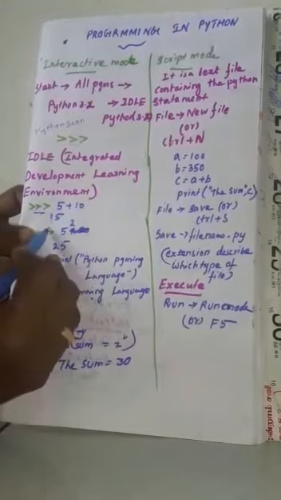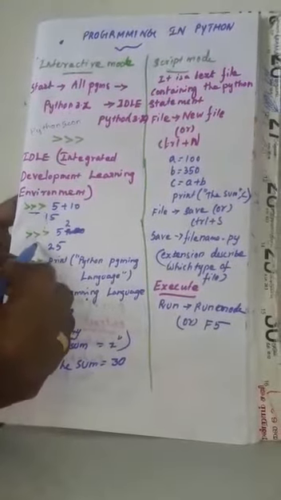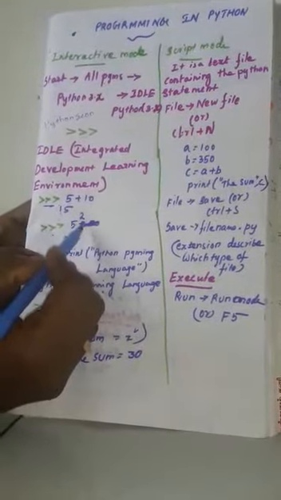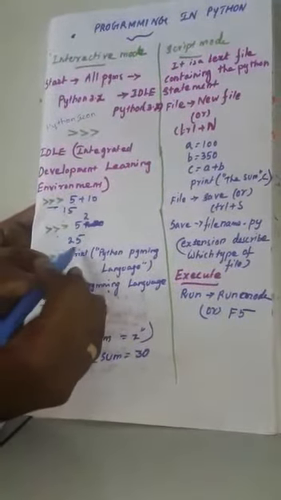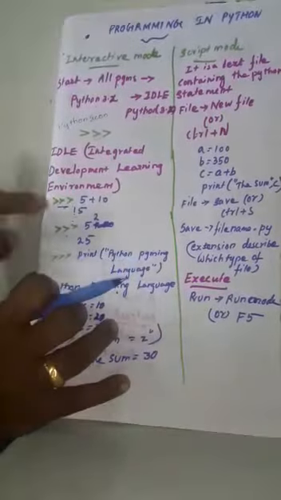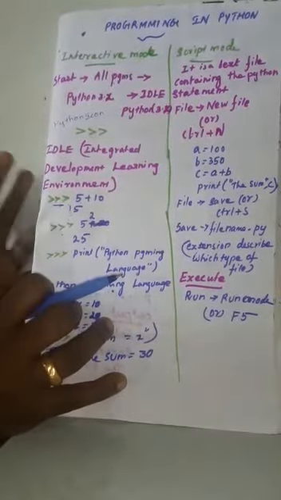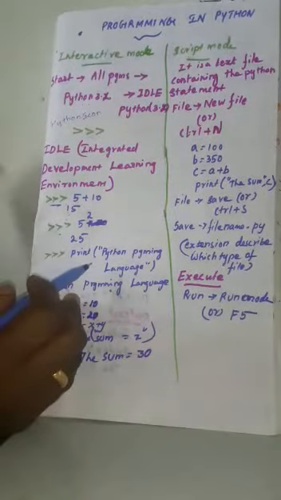What's the output? 15. Another example: type 5 square, which means 5 into 5. What's the output? 25. You see the result at a time.